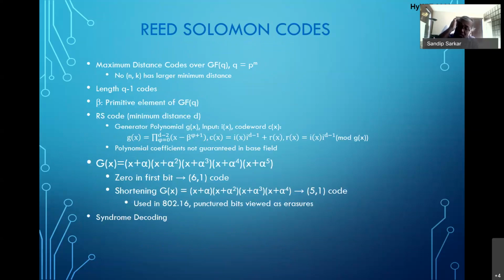The next important class of codes are the Reed-Solomon codes, which are maximum distance codes over GF(q), q being p to the power m. As you know, to be a finite field, addition is defined on the base field modulo some prime, and on the base field you can do multiplication.